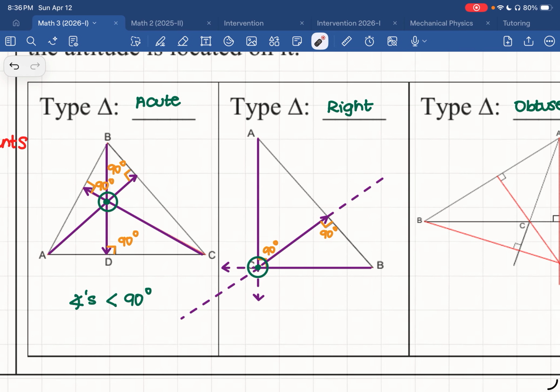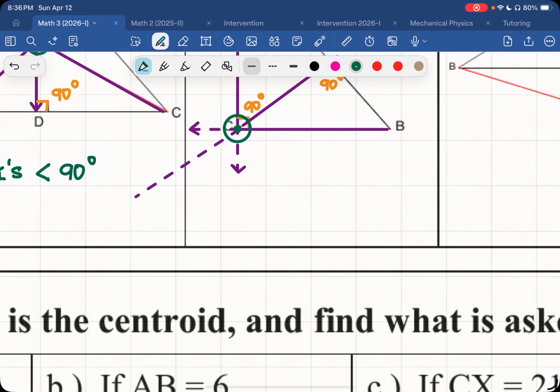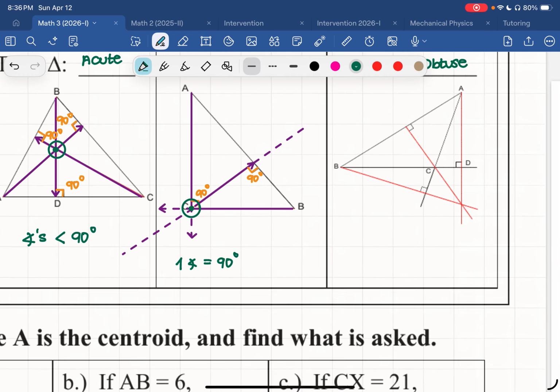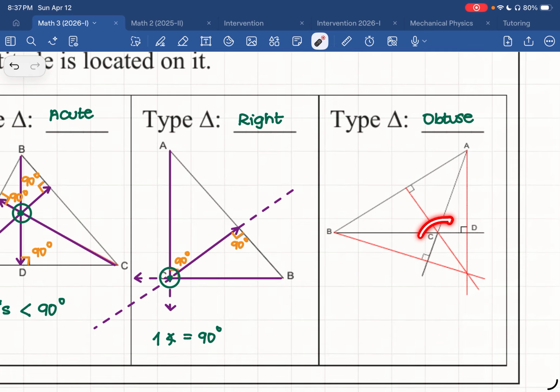When it's a right triangle, it's because we have one angle being equal to 90 degrees, right? And in the obtuse, we can say that there's one angle which is greater than 90 degrees.